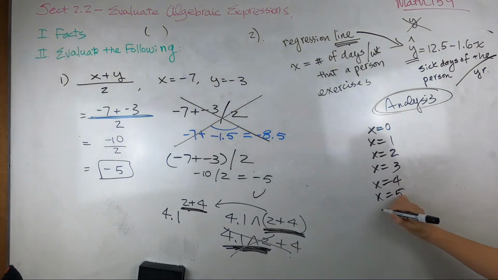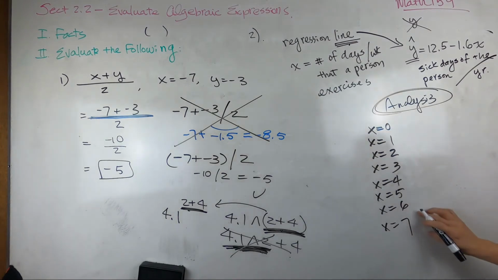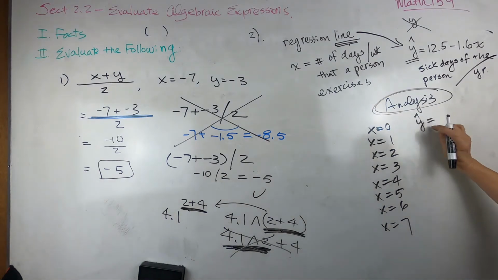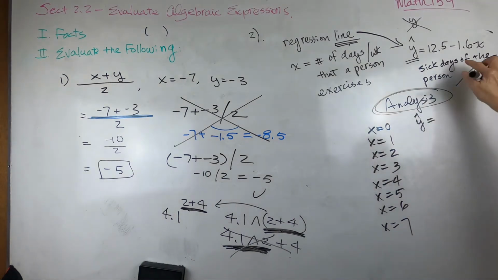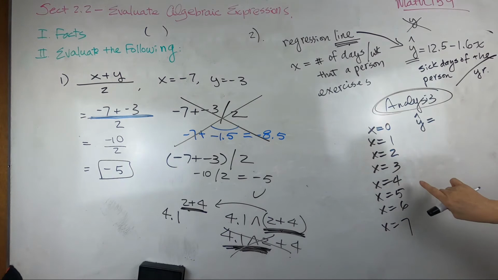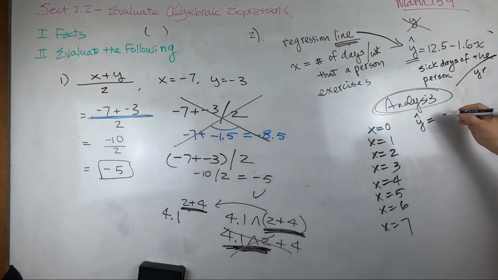How many days per week at most? 7, right? Those are your possible x values. Then y hat means what? It's a y value, according to your x. x can be this value, so you plug in and see what happens.